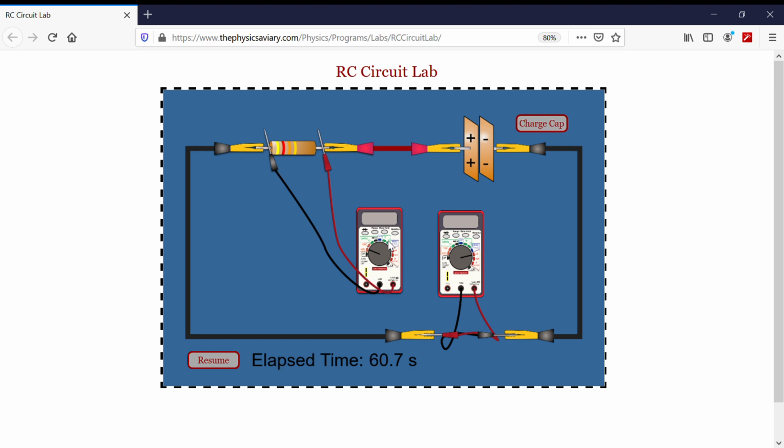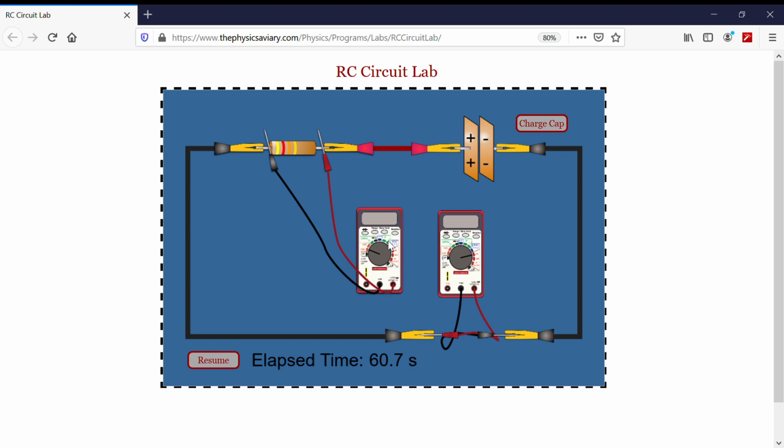So at time equal to the time constant, so 42 seconds, remember that's the value we found for the time constant earlier, we should have a voltage across our resistor of 3.31 volts. So if I consult my table, I find that at 40 seconds I have 3.4 volts. Okay, and you see by looking at the numbers in the table, the voltage goes down as time passes.